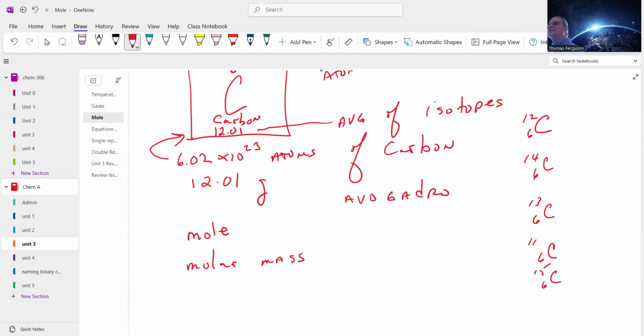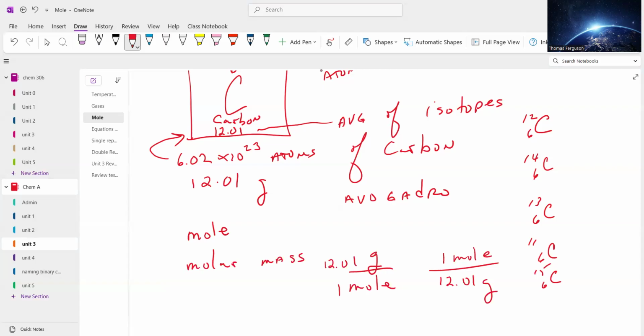The molar mass of carbon is 12.01 grams per mole. Another conversion factor. And as you remember, the inverse of a conversion factor is also true.